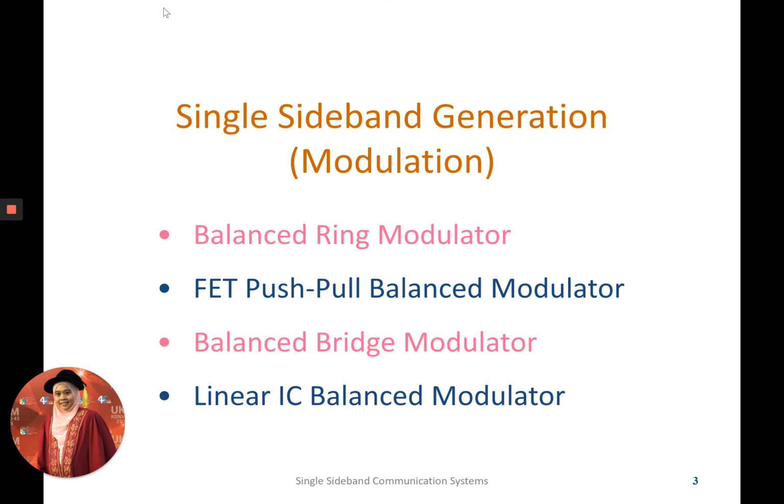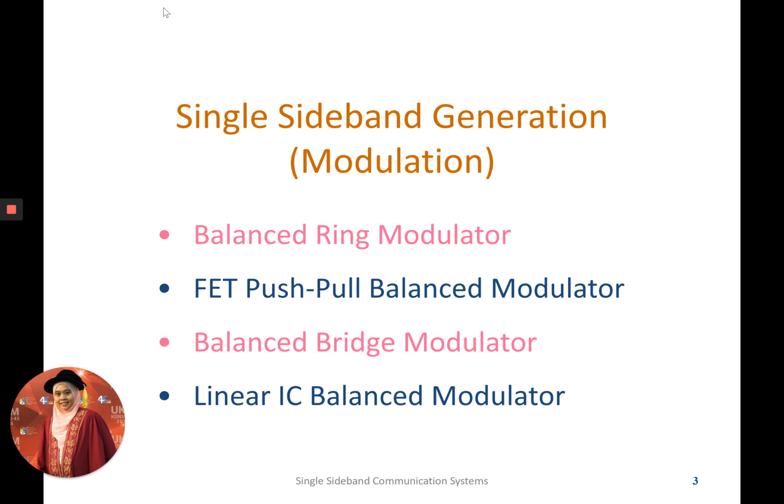Okay, and the second modulator is the FET, push-pull balance modulator. So FET is actually field effect transistor, push-pull balance modulator. And the third one is the balance bridge modulator.